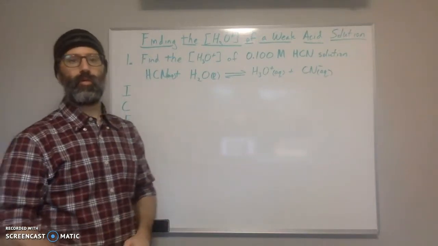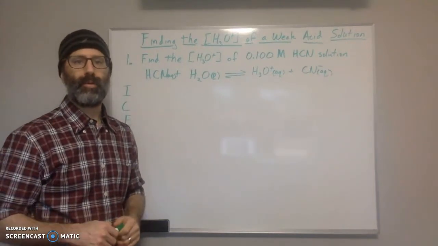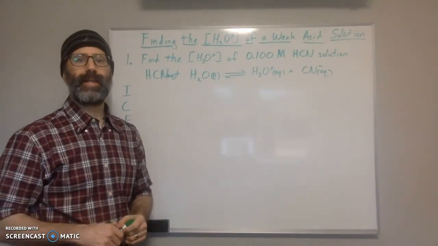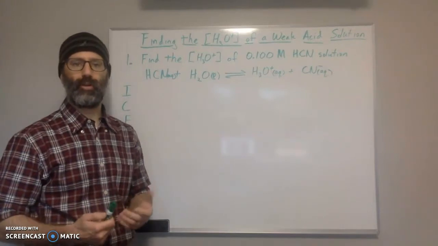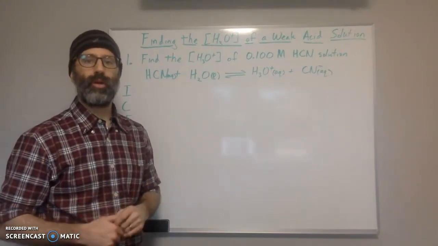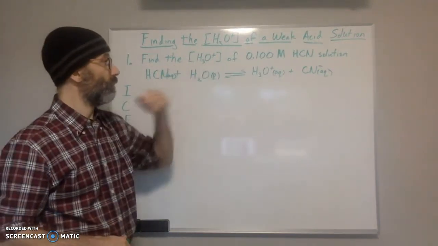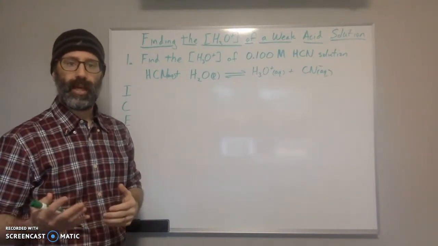My name is Mr. Cobalt, and in this video I'm going to be going over an example of how you can use the ICE chart to find the concentration of H3O plus, the hydronium ion, for a weak acid. So when you're given the molarity of the acid solution, you can then use the Ka value.